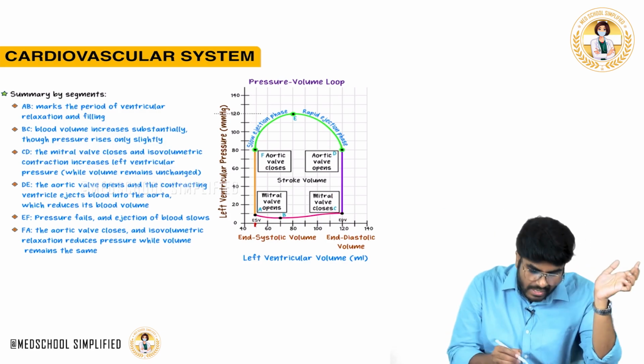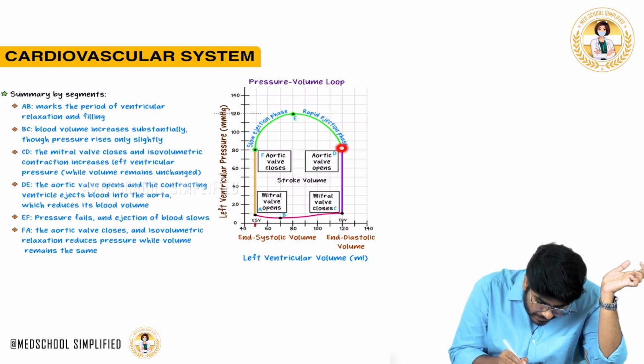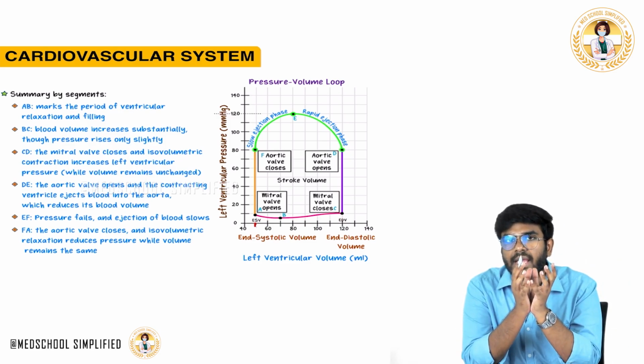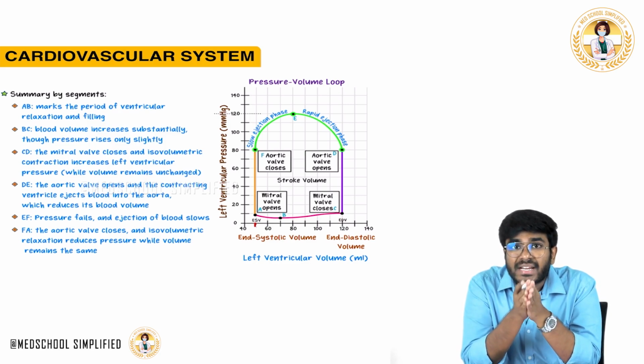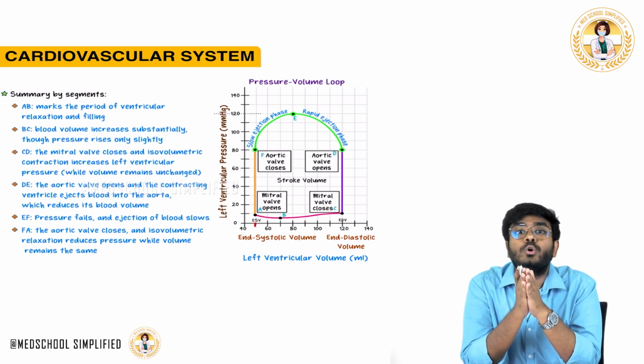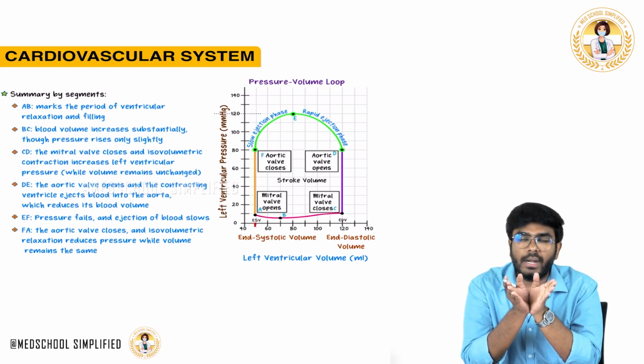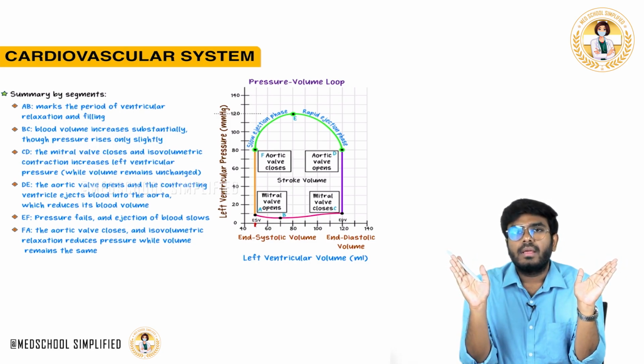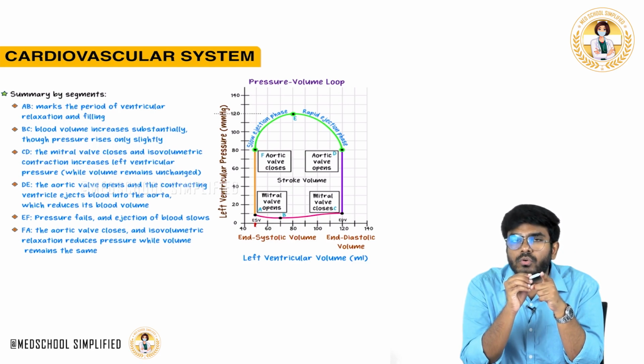When the pressure reaches, for example, 81, isovolumetric contraction ends with the opening of the aortic valve. When the aortic valve opens, isovolumetric contraction is completed.